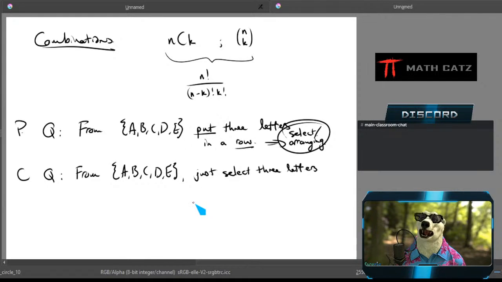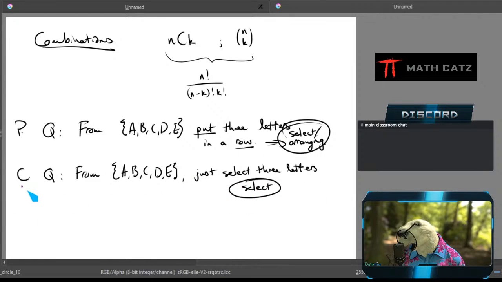I pull them out. Those 3 could appear in my hand in many ways. It really doesn't matter. The A could be at the top and the A could be at the bottom. It could be the same collection of 3 letters. So this takes out the arranging aspect, which I can then easily do later by just saying 3 factorial.